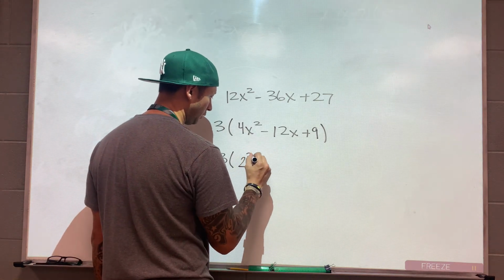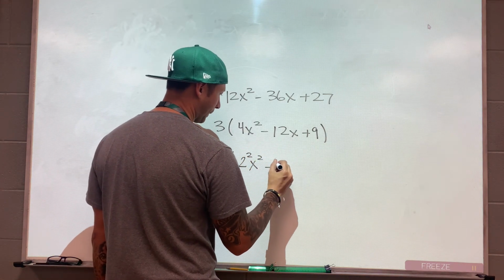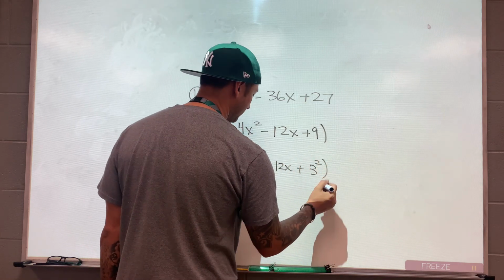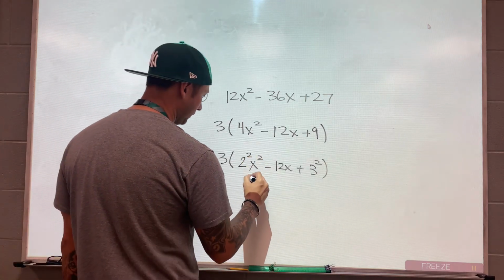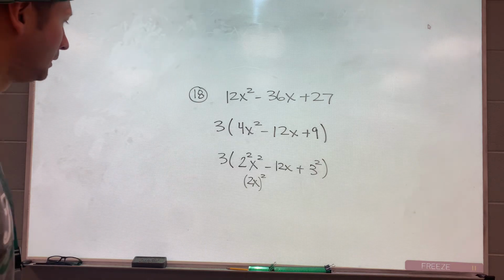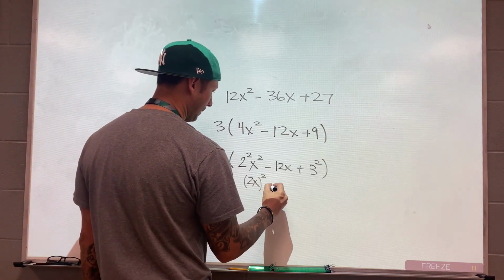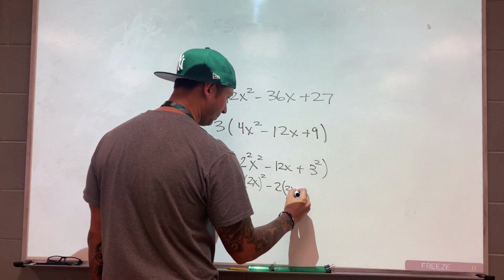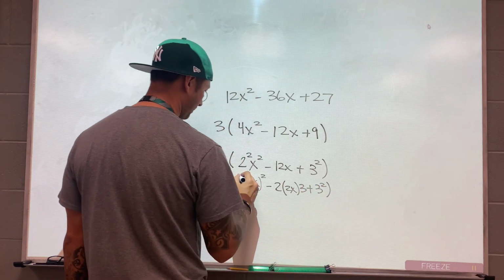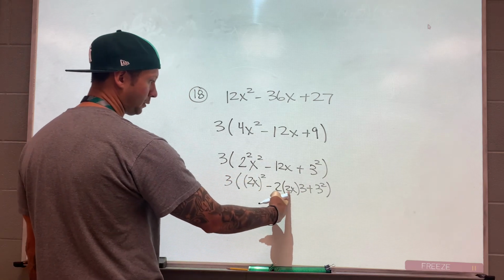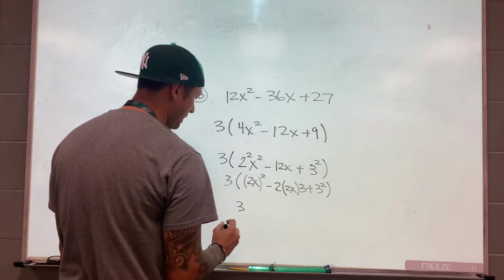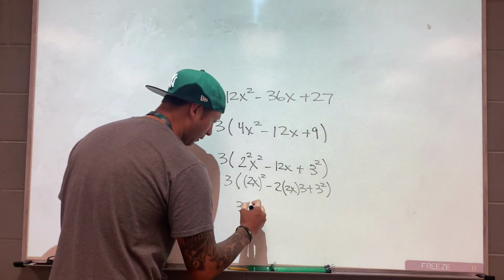So this will be 2x squared minus 12x plus 3 squared. All right, I'm gonna factor out the square. So that's my A value. So this is gonna be 2 times A times B. 2 times 2 is 4, times 3 is 12. All right, then 3, right, because that's coming along for the ride.